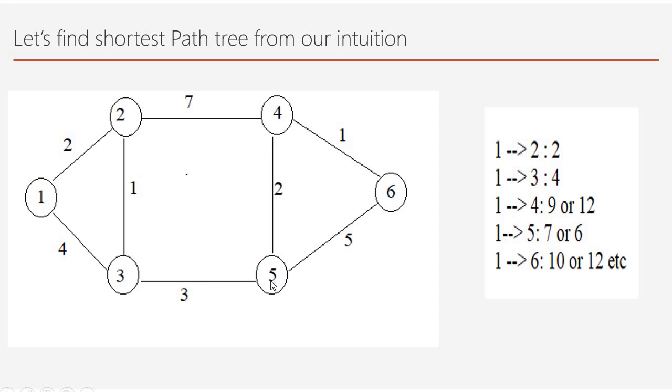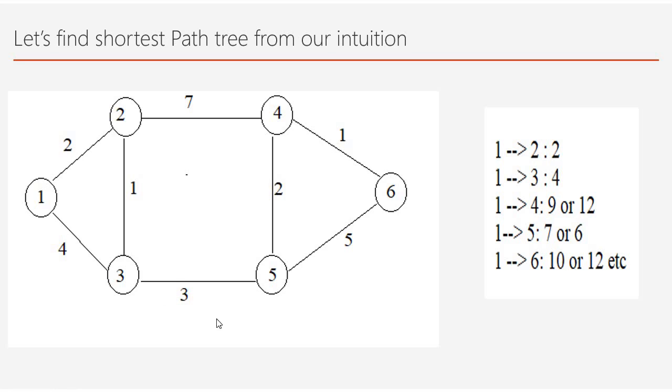Or I may reach 5 via 2 and 3, that is 1 to 2, 2, and 2 to 3, that is 1 unit. So 1 to 3, if you come via 2, you will get a weight of 3 here. That 3 plus 3 is 6. So to reach node 5, you may also need 6 weights.